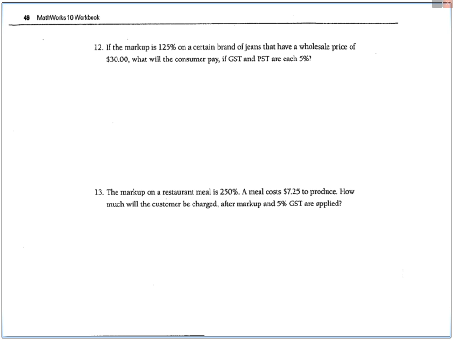Alright, only 2 more to go. Okay, it says if the markup is 125% on a certain brand of jeans that have a wholesale price of 30, what will the consumer pay if GST and PST are each 5%? So we got to find the retail price. So take your markup, make it a decimal, times by the total.